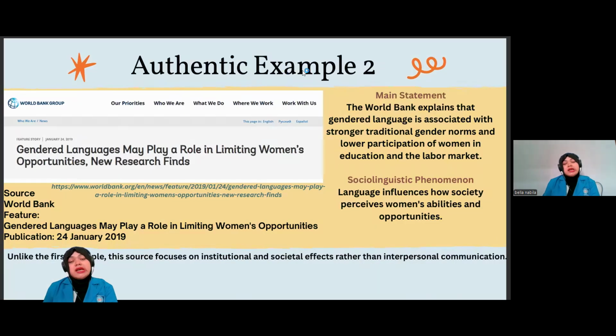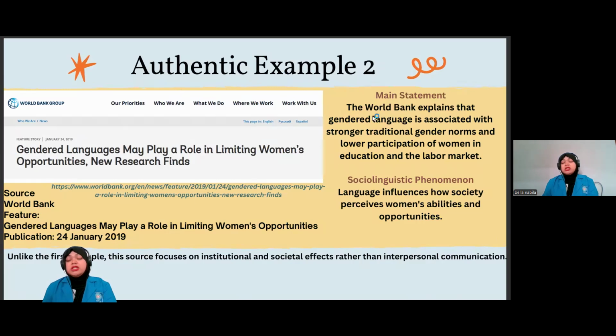Authentic example number two, I use from the World Bank. The feature is that gendered language may play a role in limiting women's opportunities, published on 24 January 2019.